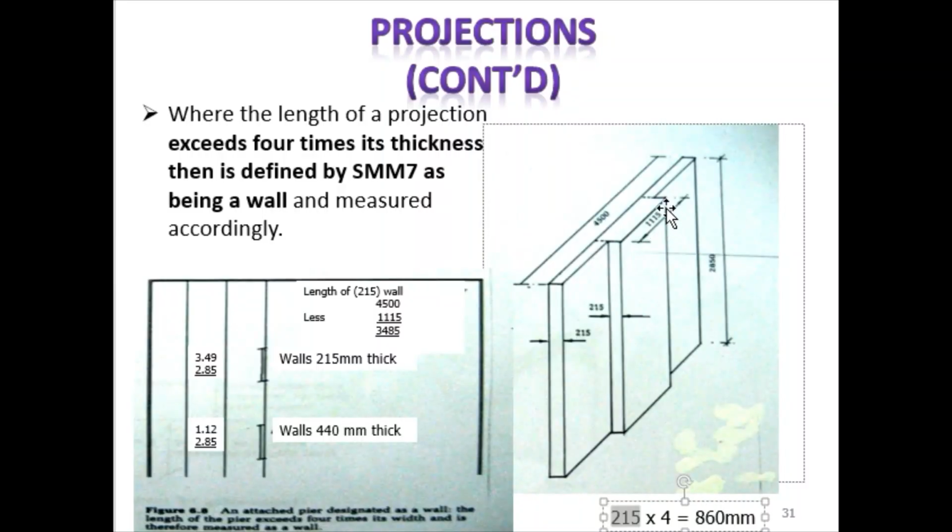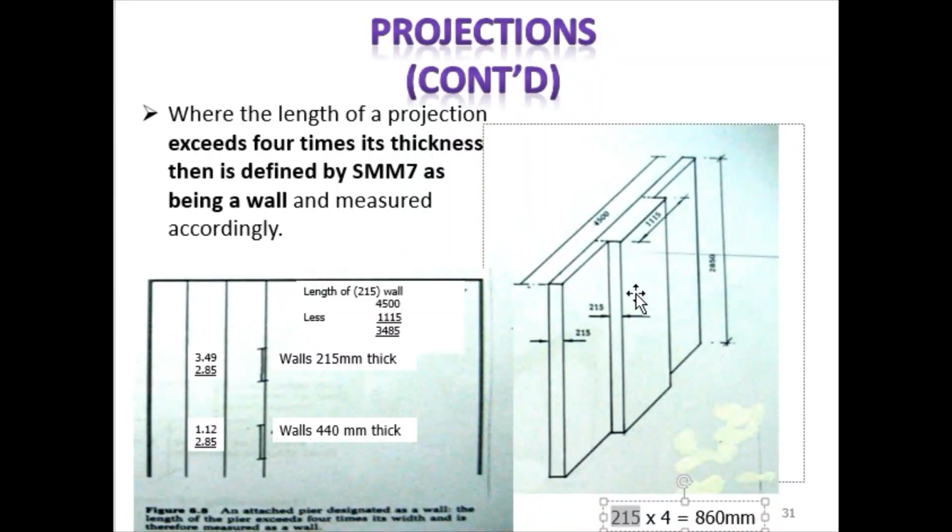So all of this length, including the thickness from the original wall, will be considered as it is. The wall will be measured in meter square, and also for both sides of this.